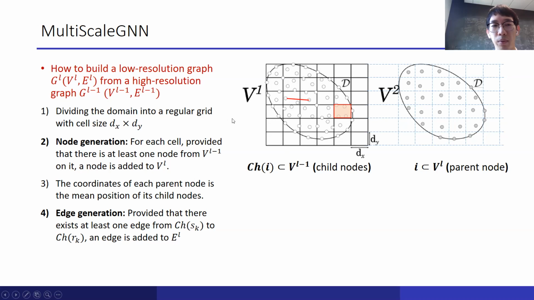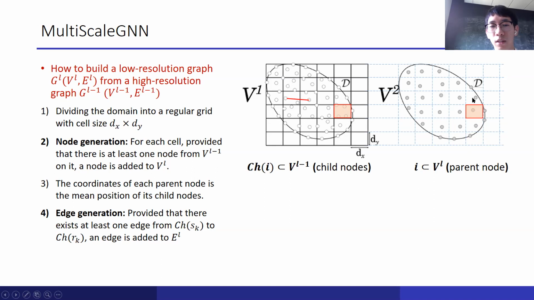So for the first step, we divide the domain into a regular grid with cell size dx by dy. And for each cell, provided that there is at least one node in V1, we add one node to the low resolution graph. So here we have 4 nodes in this cell, and we add one node here. And this node is called the parent node, and these 4 nodes are called child nodes.